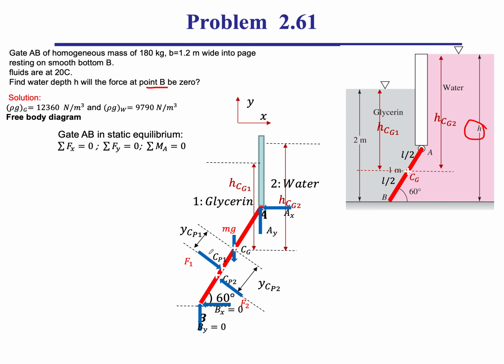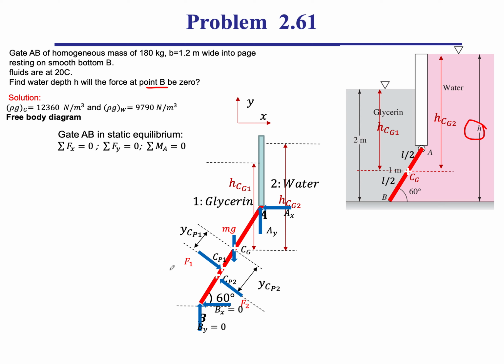So the gate is not translating in the x direction, it's not accelerating in the y direction, and it's not rotating around any point in space. So it is static, and it's a static problem. So all these equalities are true, and we could start by solving the sigma Fx or by solving the sigma Fy.